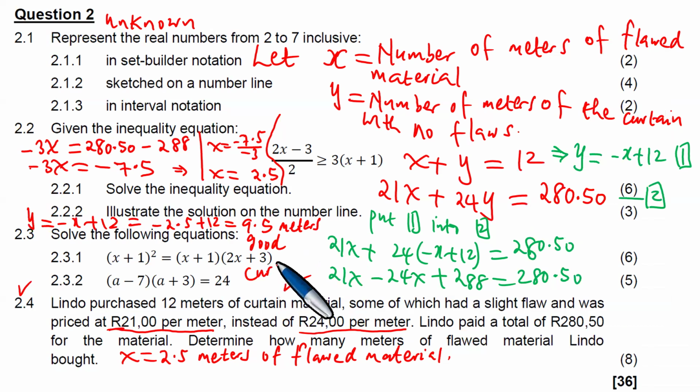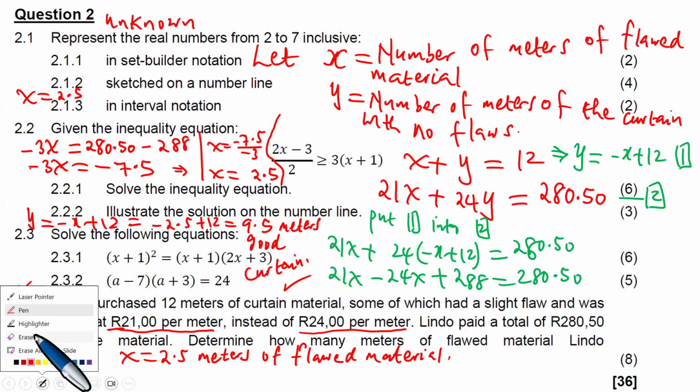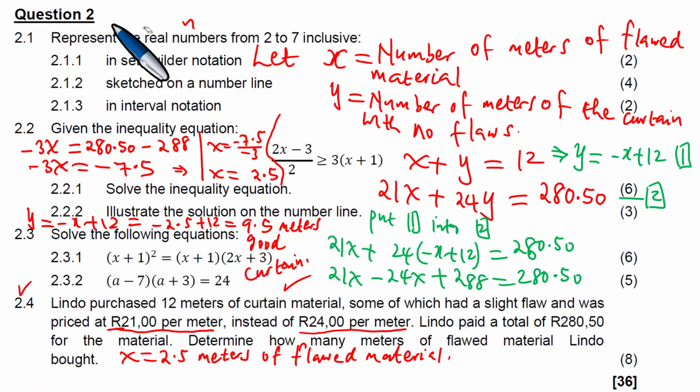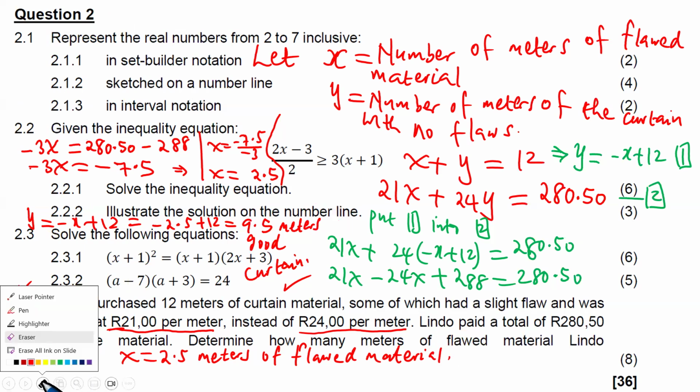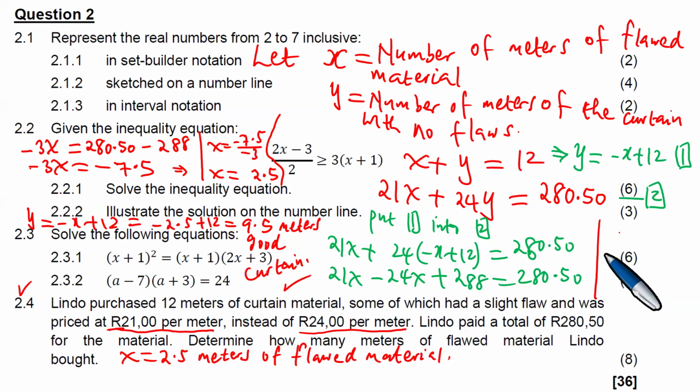It's the good cation. If these answers are correct, if we agree that X is 2.5 meters and Y is 9.5 meters, then when we add X and Y, we must get what? 12 meters.